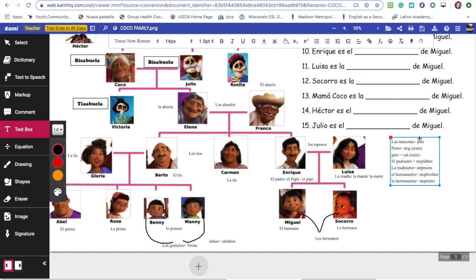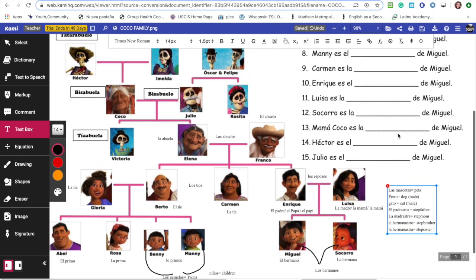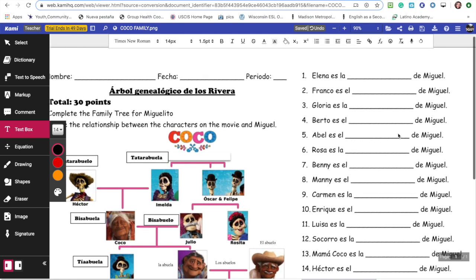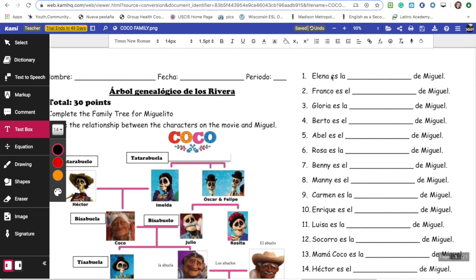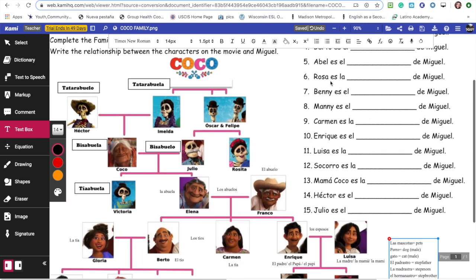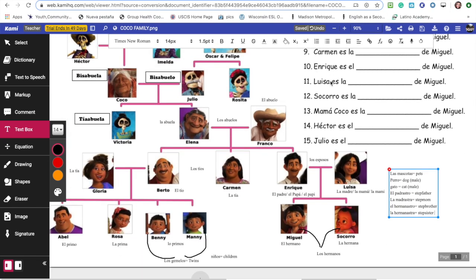So based on what you learned today, you are going to try to complete this. So I'm just going to do the first one for you. So Elena es la what de Miguel. So we take a look in here and we said, oh, Elena is right here. So what is the relationship between Elena and Miguel?